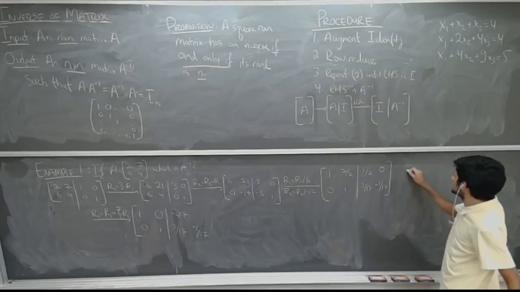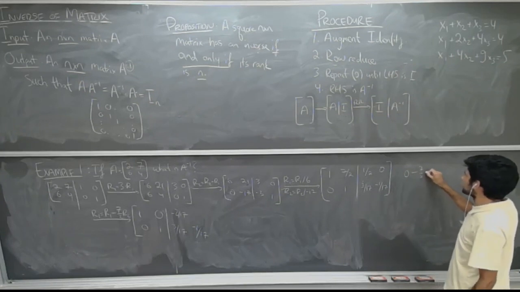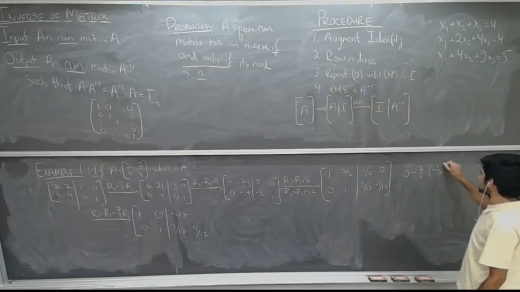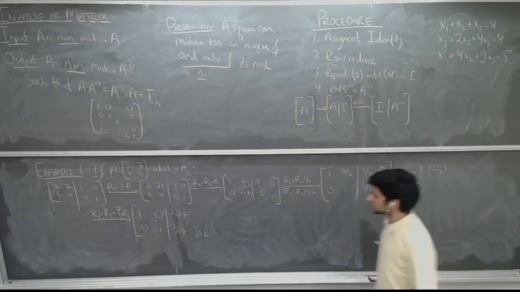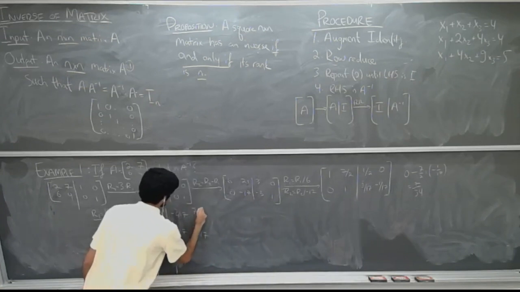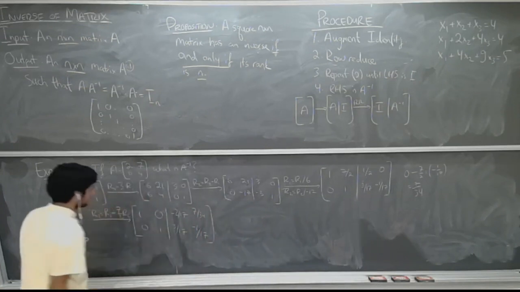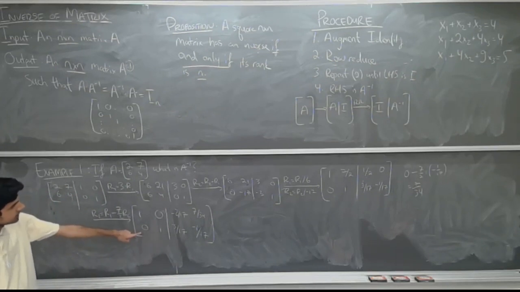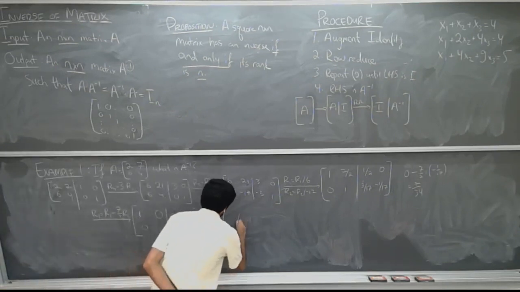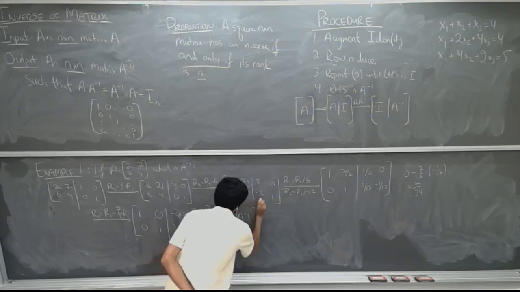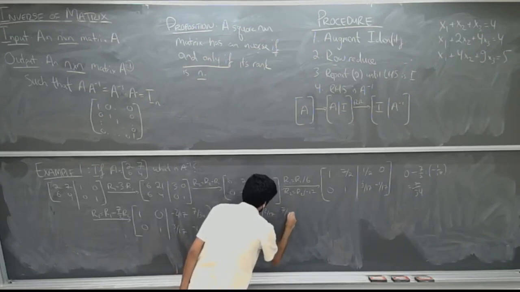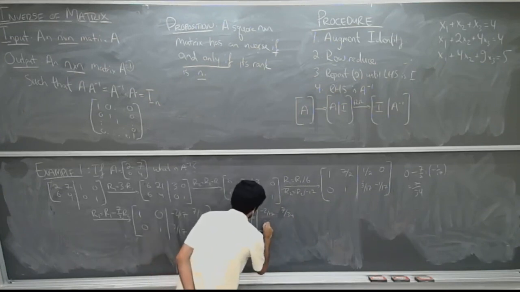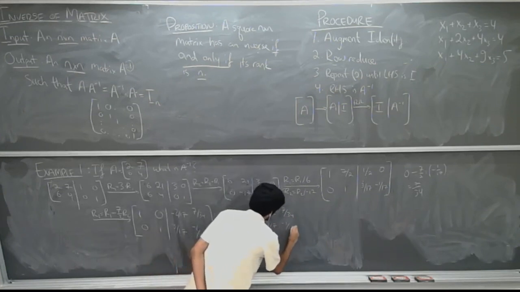Except now we're doing 0 minus 7 halves of negative 1 over 17, which is equal to 7 over 34. And well, we're basically done because we have the identity matrix here. So this is saying that A inverse is equal to negative 2 over 17, 7 over 34, 3 over 17, and negative 1 over 17.